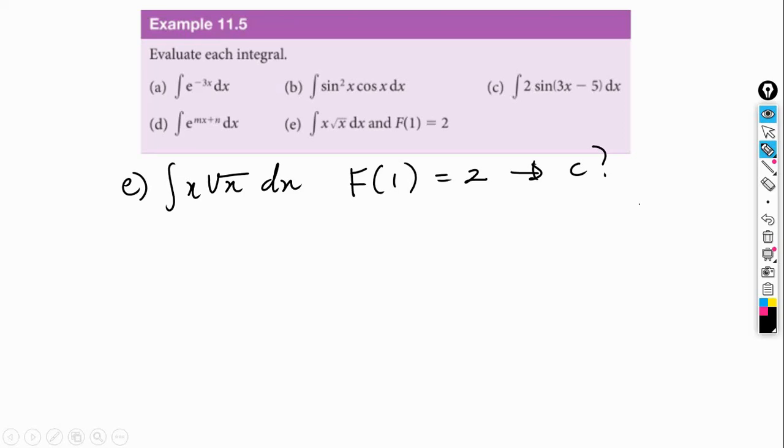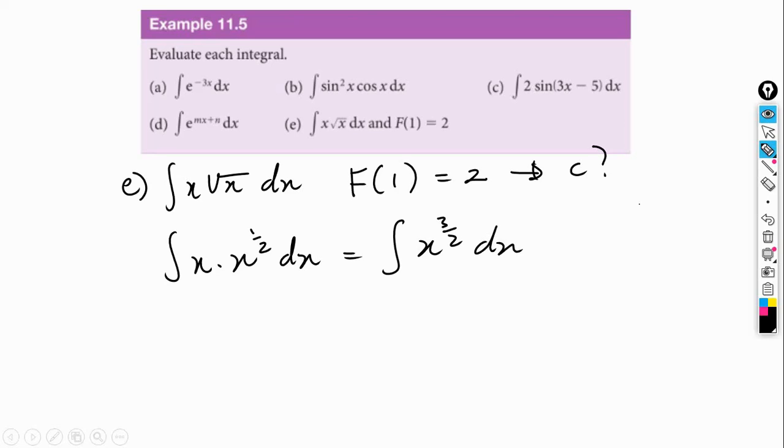Anyway, so will we do u substitution here? Well, before you ever do u substitution, be careful because sometimes you don't need to use it. Notice that this is the same as saying the integration of x times x to the 1/2 dx. And remember that this is the same as x to the power of 3/2, right? We add the exponents. So 3/2 dx.